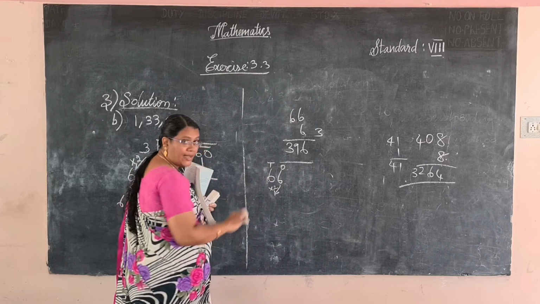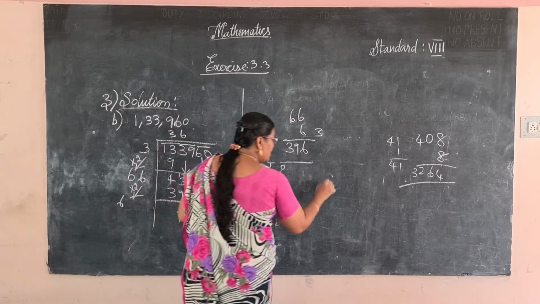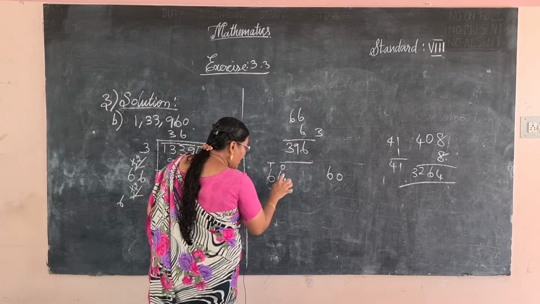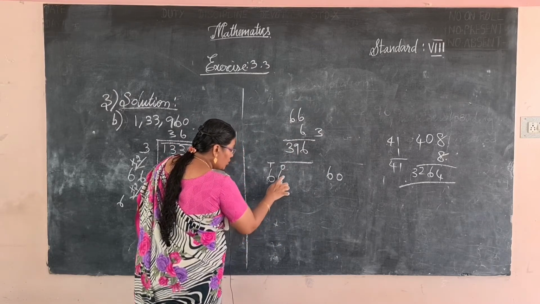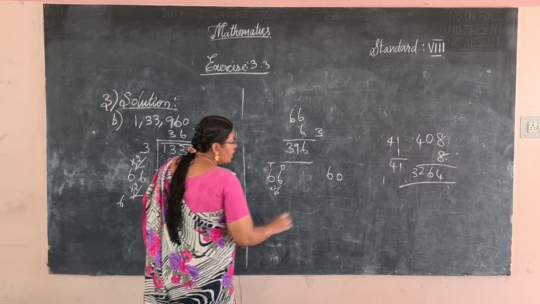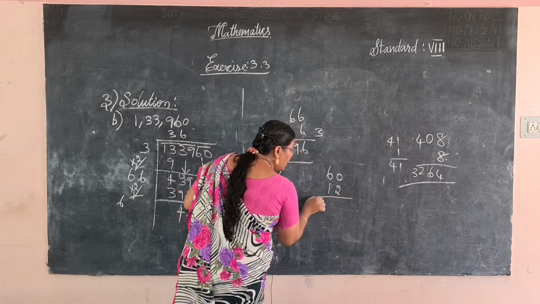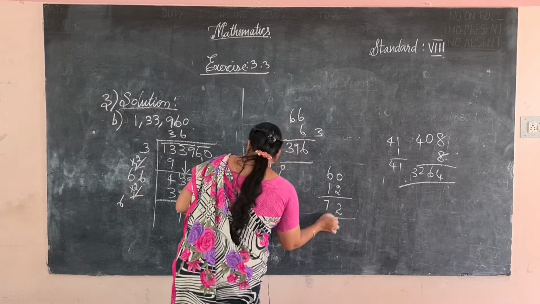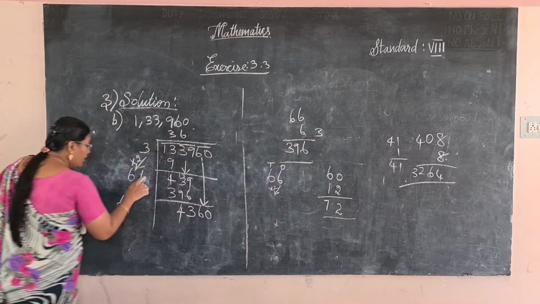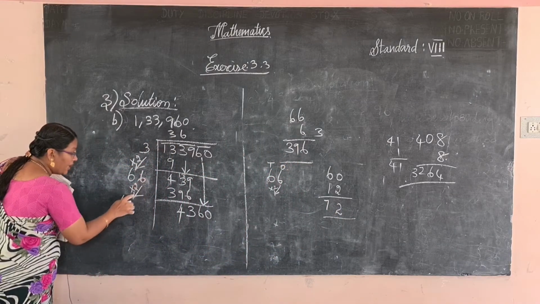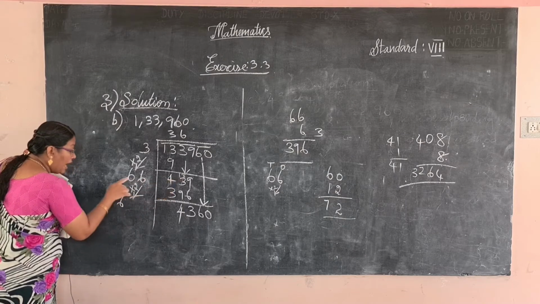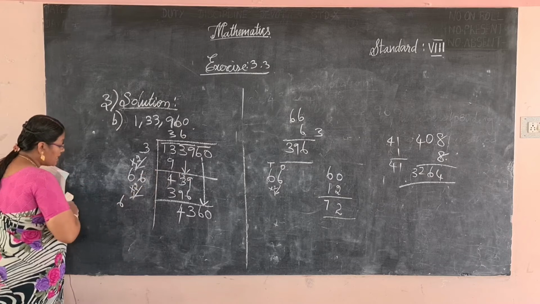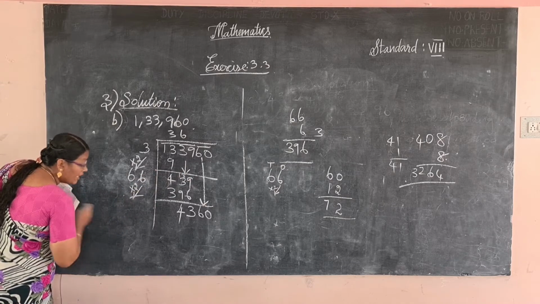How many tens are there? 6 tens, which means 60. Now multiply the ones by 2: 6 twos are 12. Already we had 60, so 60 plus 12 is 72.